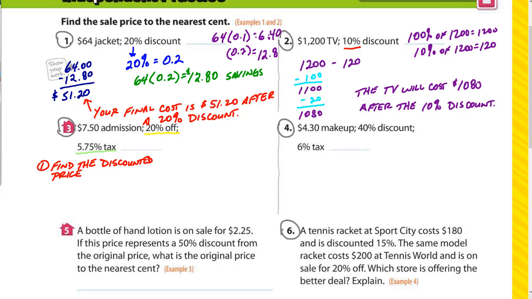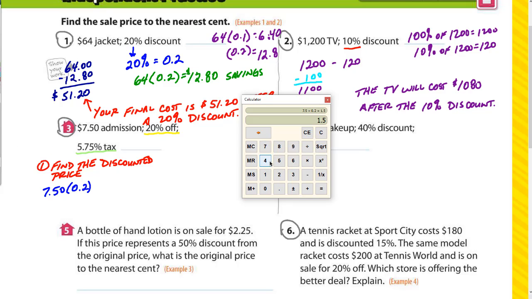And the way that we're going to do that is we're going to take our $7.50 and multiply it by 0.2 or 0.20. I'll just leave it as 0.2. So our 750 times 0.2 is $1.50.